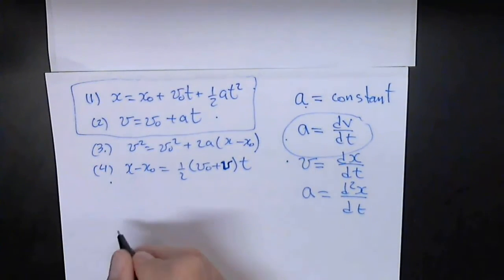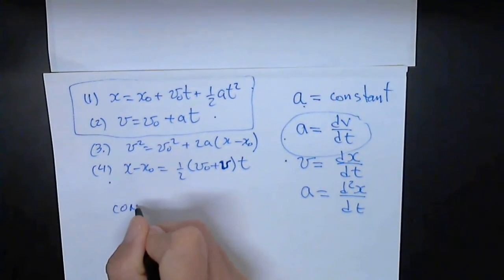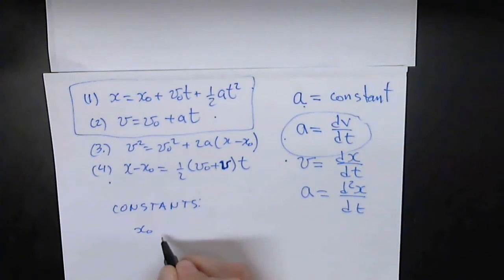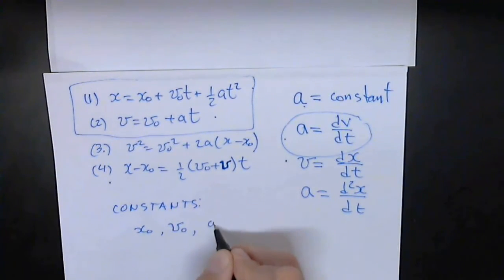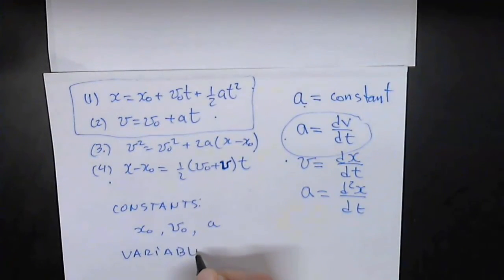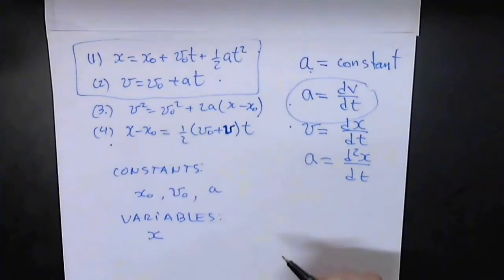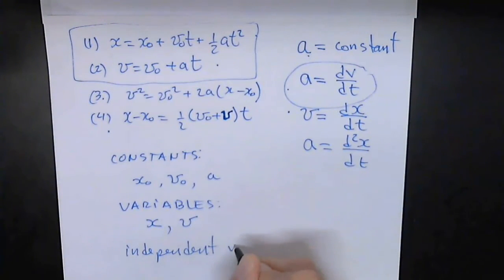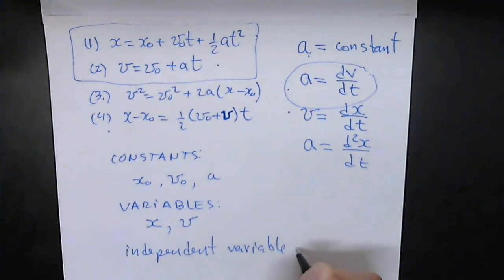And just as a summary, remember that all these are constants: initial position, initial velocity, acceleration. The variables, the quantities that change in time, are position later in time and velocity later in time. And what is the independent variable? In physics, the independent variable is time.